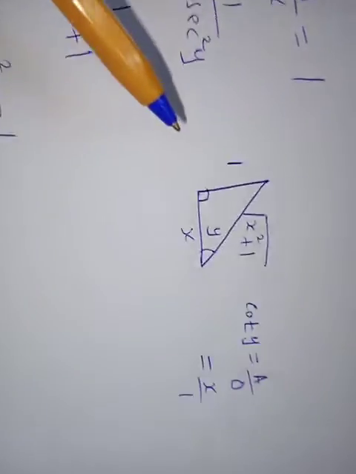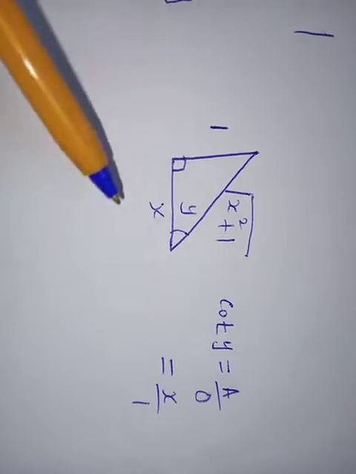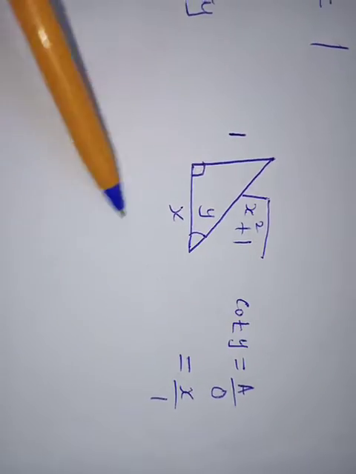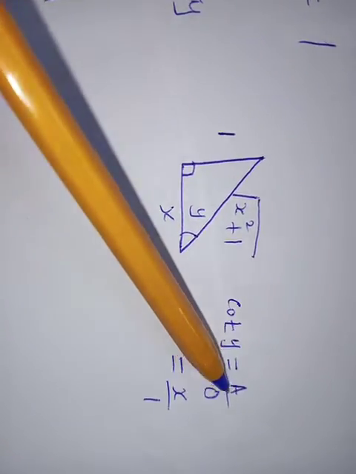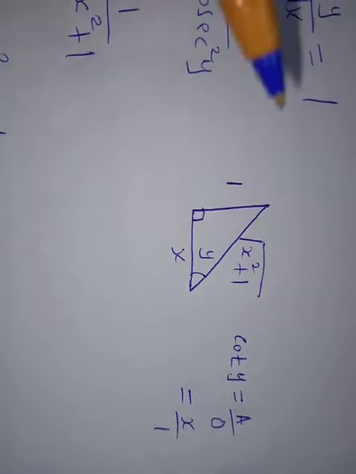Now we can use a right-angled triangle, whereby we are given cot y. Cot y is given by adjacent over opposite, and that guides you on how to draw your triangle.